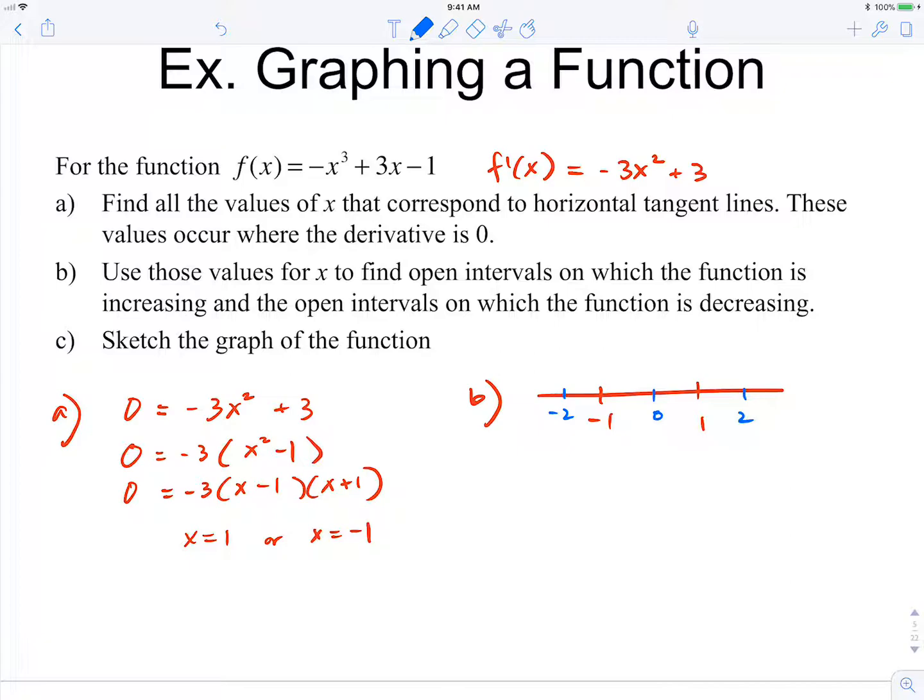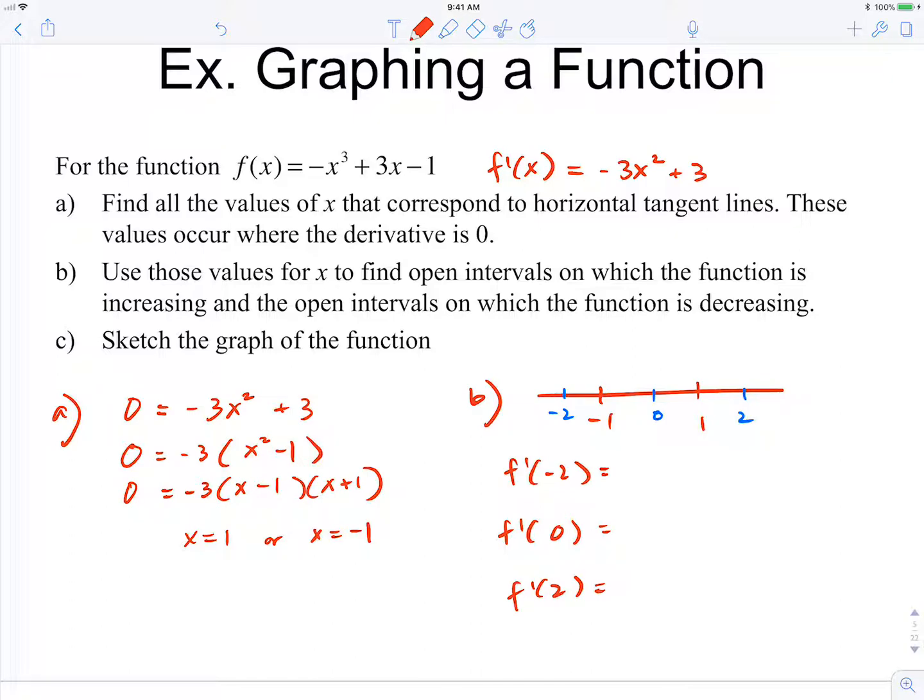So that's going to tell me the sign of the slopes of the tangent lines to the left of -1, to the right of -1, or between -1 and 1, and then to the right of 2. So I'm going to evaluate f prime at -2, right? That'll be the slope of the tangent line at x equals -2. I'll evaluate f prime at 0 and evaluate f prime at +2.